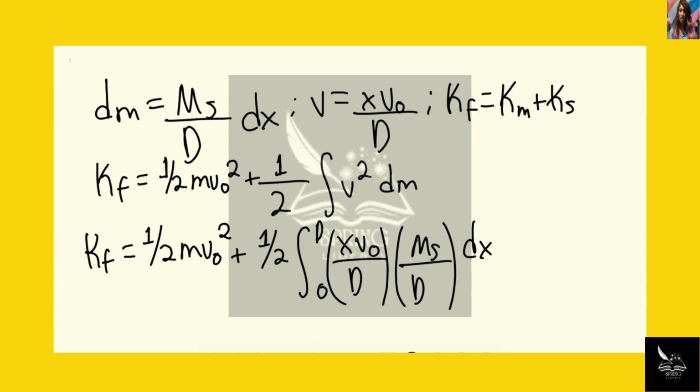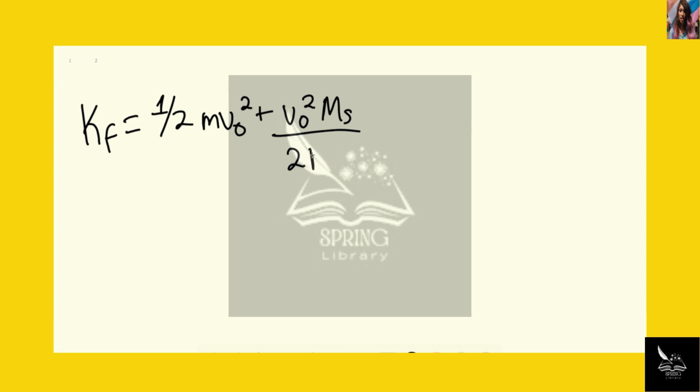We can then simplify, so the final kinetic energy is going to be equal to 1/2 times m v initial squared plus v initial squared m sub s divided by 2d cubed, and then we'll finally integrate from 0 to d of x squared dx.